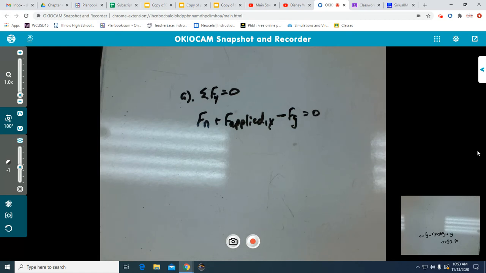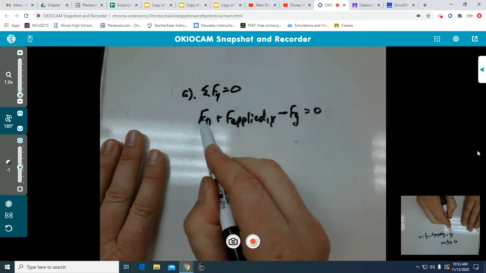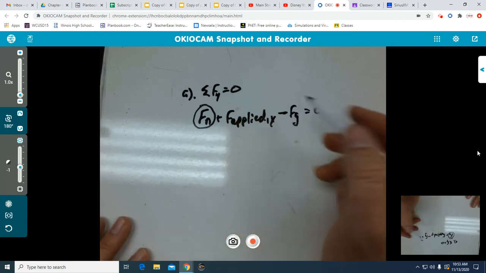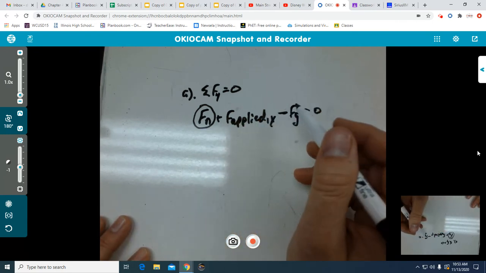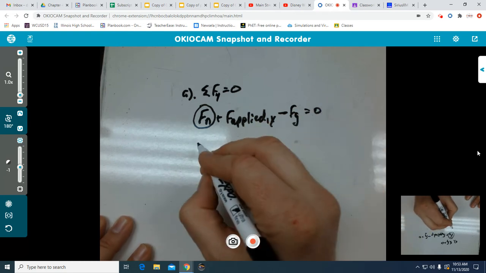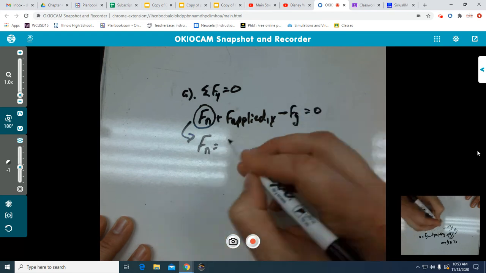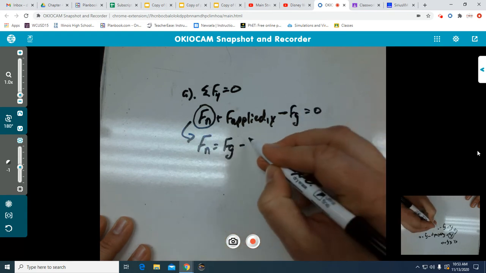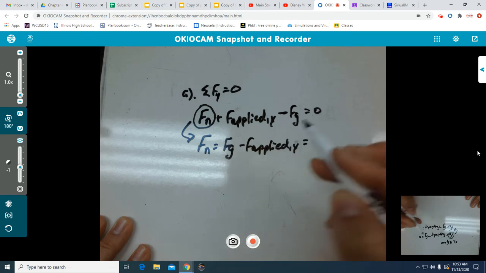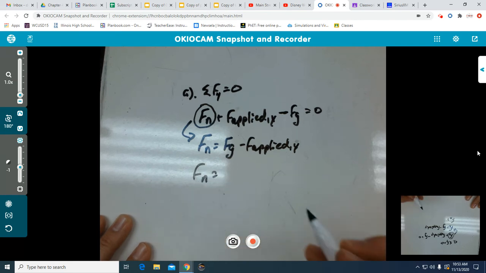In this step, we are solving for the normal force. We rearrange this setup and just treat it like any algebraic equation. The normal force is equal to the gravitational force minus the F applied in the y direction. Now we can plug in our values.